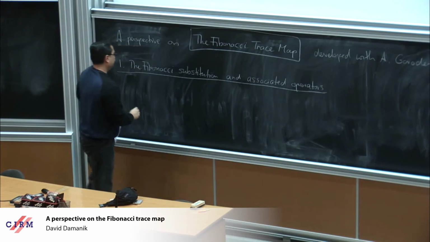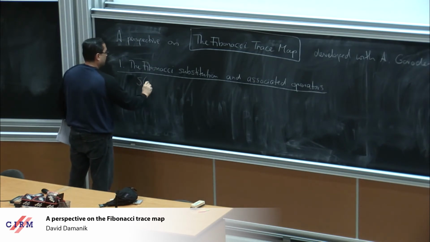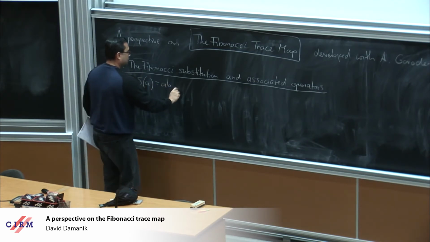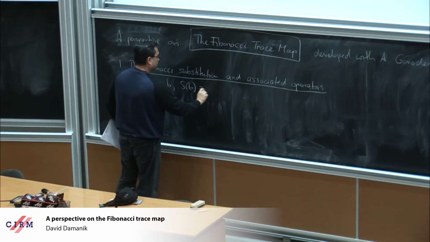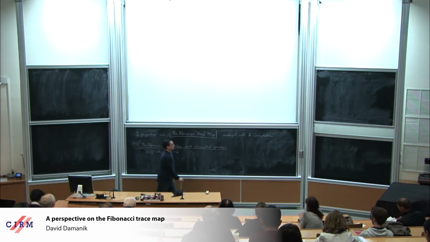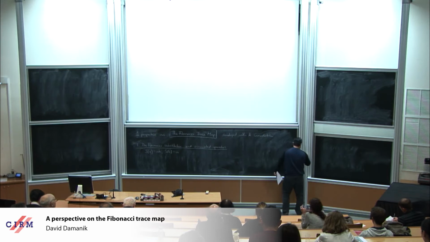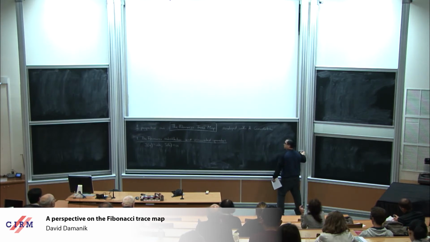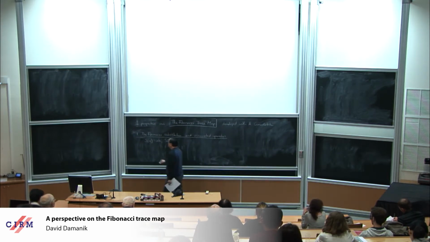Okay, so the substitution is the following, as we all know. It maps A to AB and B to A. And then you generate the substitution sequence and the associated subshift.